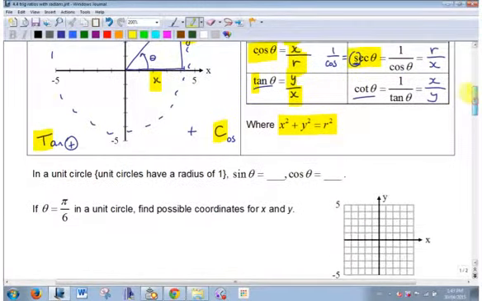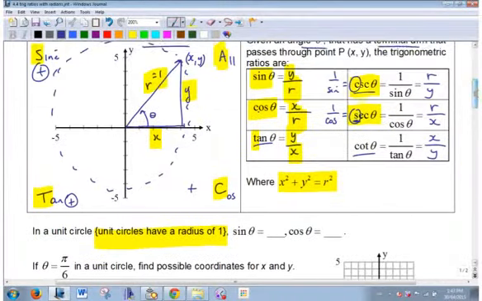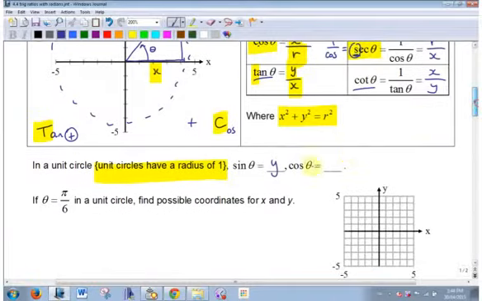Speaking of which, then what would sine be if r is 1? What's anything over 1? Just the thing itself. Cosine is x over r, and if r is 1, then it's just x.